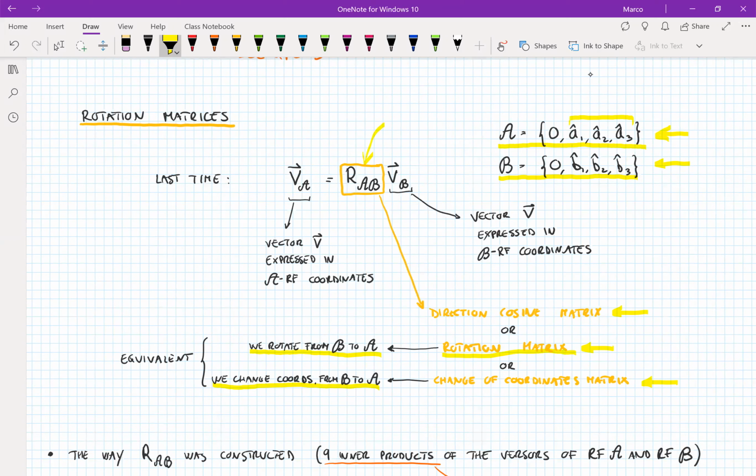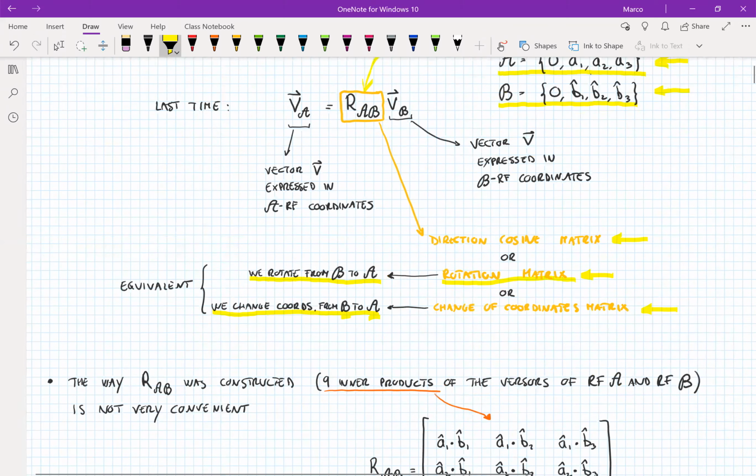Or if you want to think about it as a change of coordinates, then you have a vector expressed in the coordinates with respect to reference frame B, and by applying this transformation given by this matrix, you get the very same vector, but with different coordinates, and those refer to reference frame A. So the two things are actually equivalent. It's just a different perspective, but nevertheless, the rotation matrix or the direction cosine matrix or the change of coordinates matrix is the same matrix.